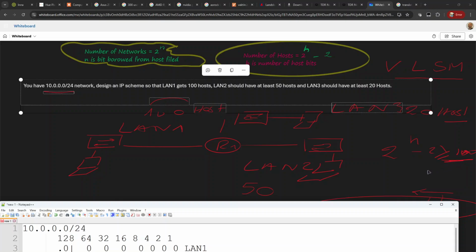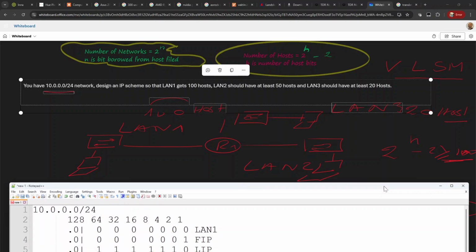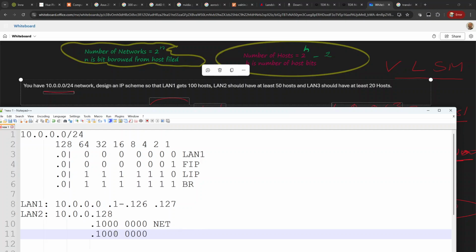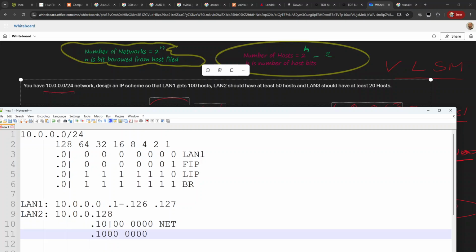So how many host bits need to remain in the host field in order to get at least 50? So 5? No. 5 gives a magic number of 32, minus 2 is 30, so it's not enough, then it must be 6. Then I'm going to draw a vertical bar right there, okay?